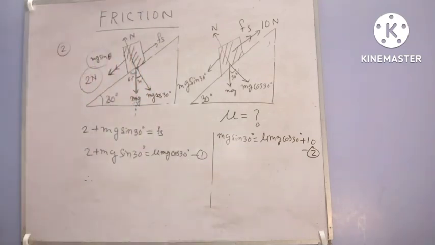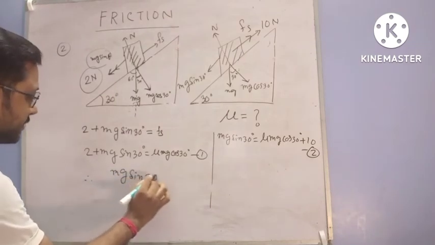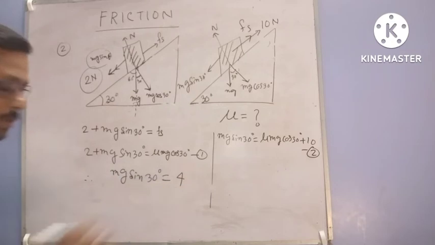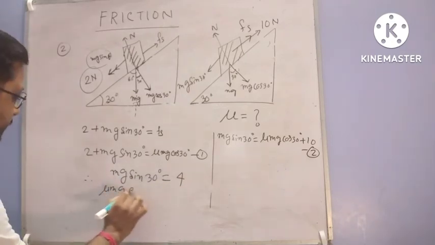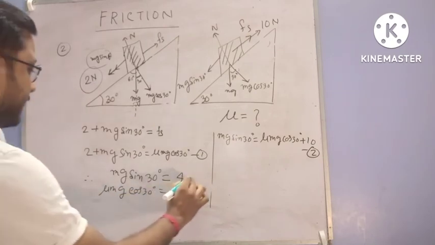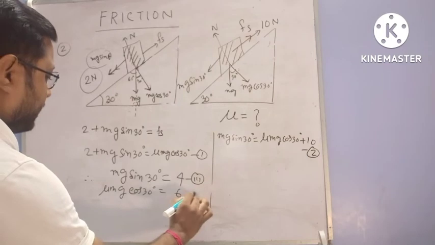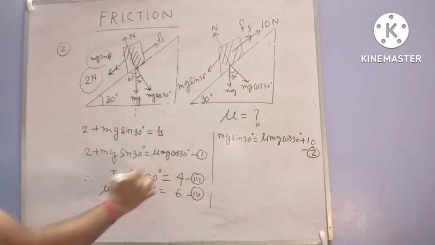So I can write down mg sin 30 equal to 4 and mu mg cos 30 equal to 6. We get equation 3 and equation 4. By solving this, we get these two equations.